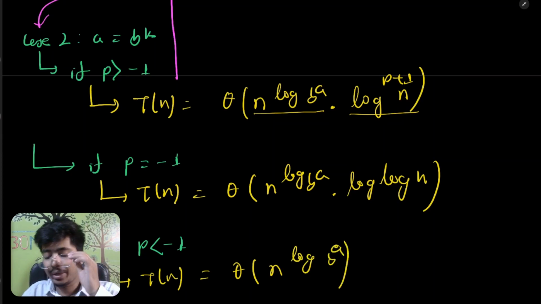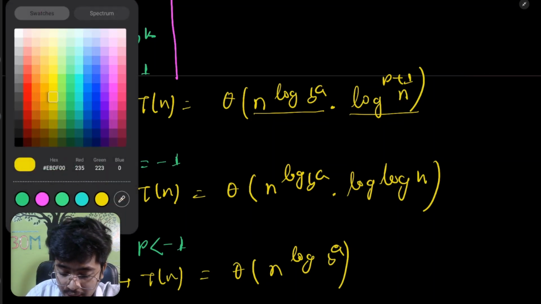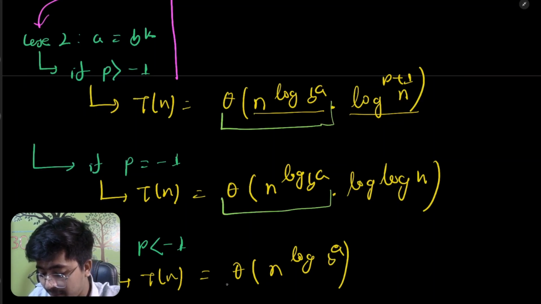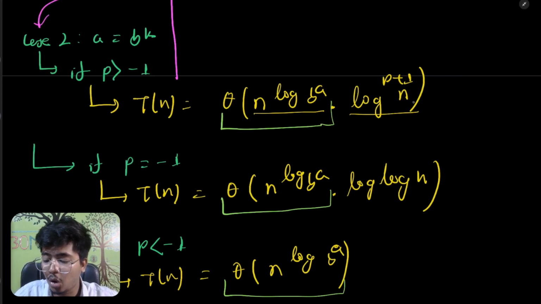One thing you can notice in our second case is that theta of n to the power log a base b is a fixed and common portion. If p is greater than -1, then log n to the power 1 plus p is multiplied with it.